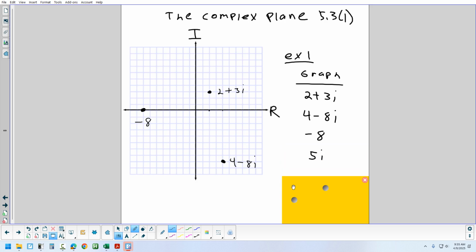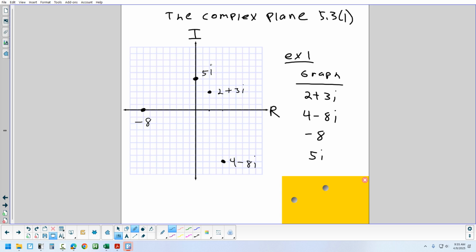And how about 5i? You just go up 5. That's it.